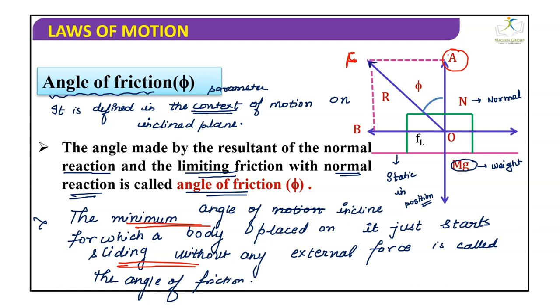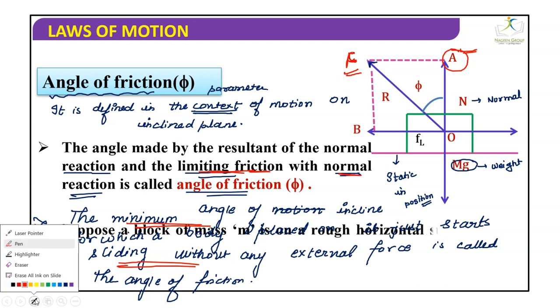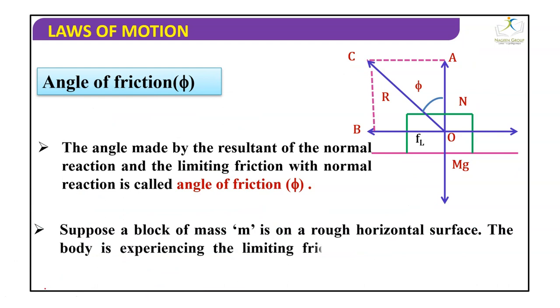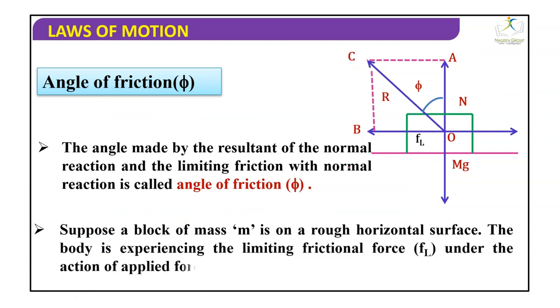So it is the normal with the limiting friction. Now here it is represented by phi, and phi is nothing but mu. Clear? So here tan phi is nothing but mu.